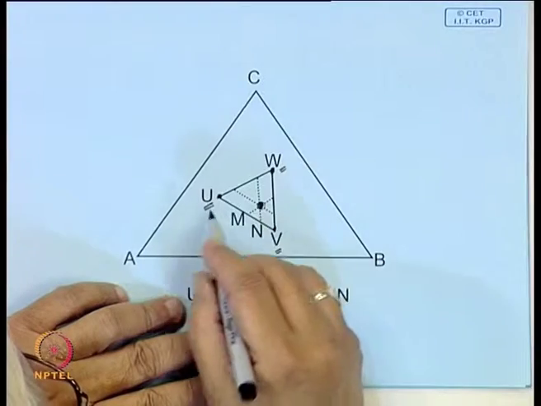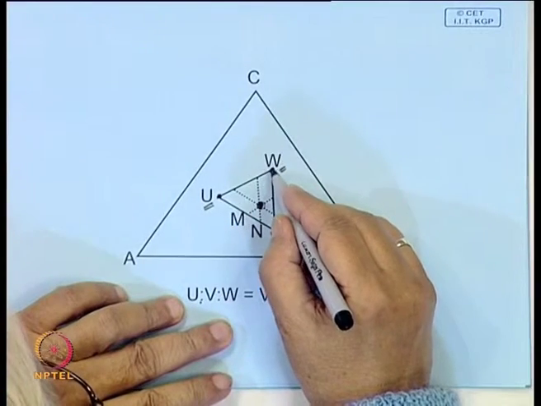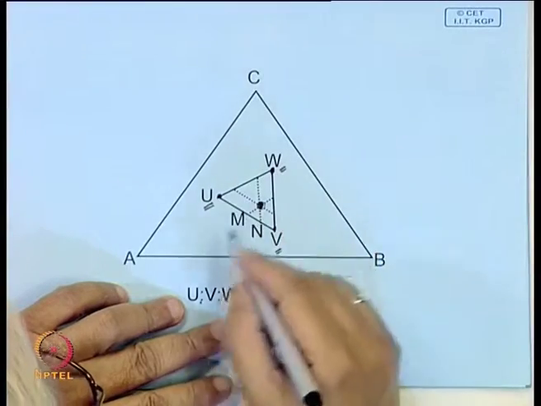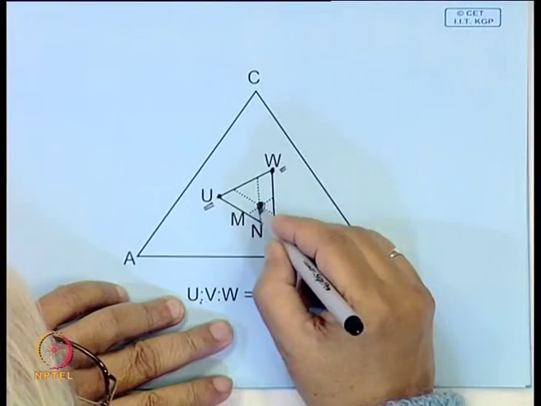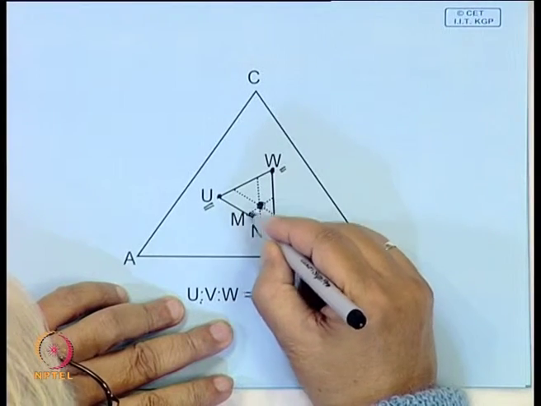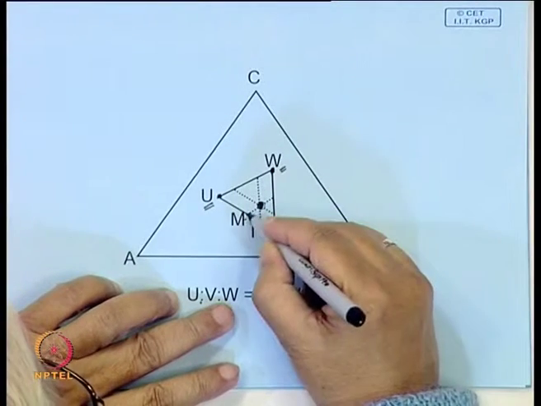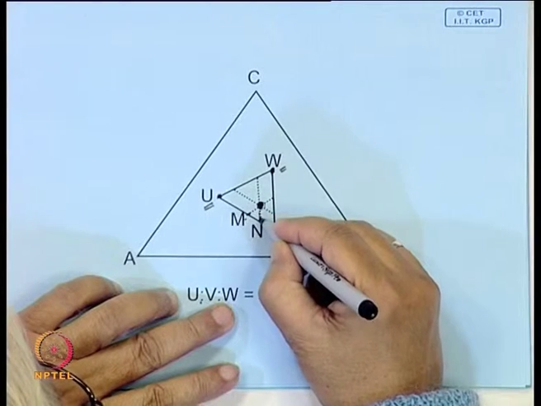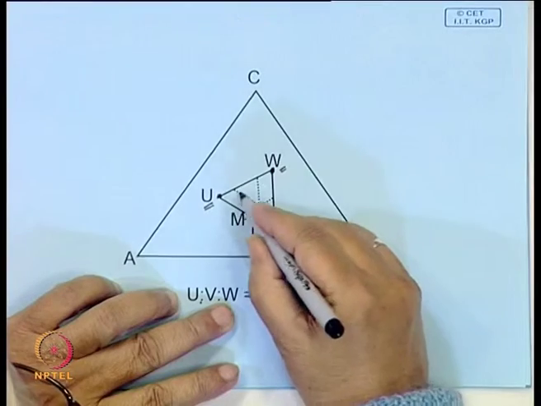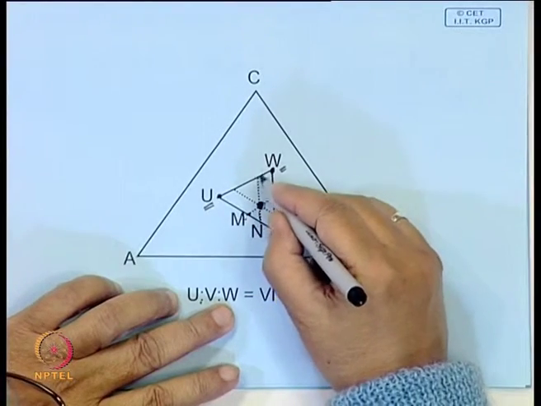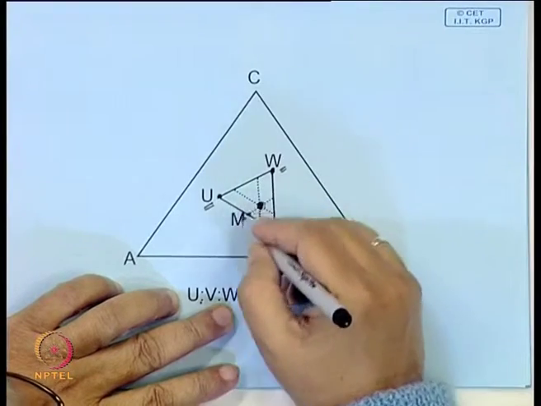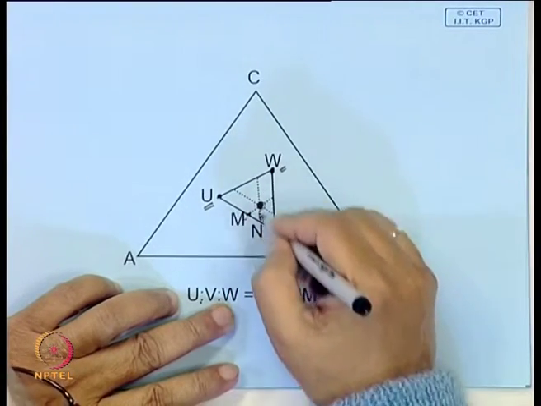Now, look at how much is W. W will be proportional to this part, and these 3 will constitute an equilateral triangle. So, here also you draw lines which are parallel to each of these lines.